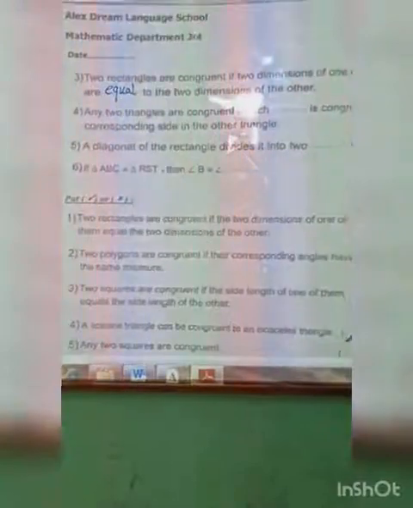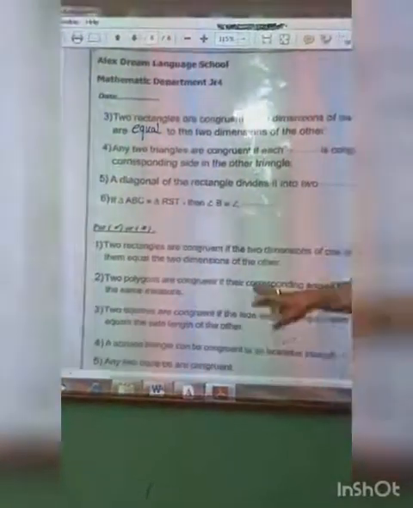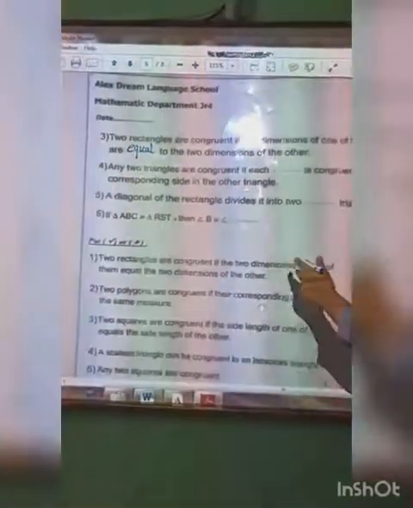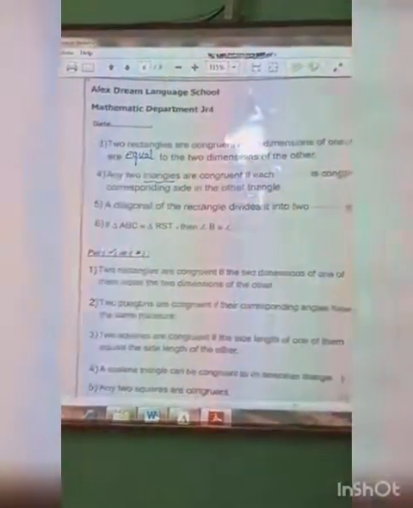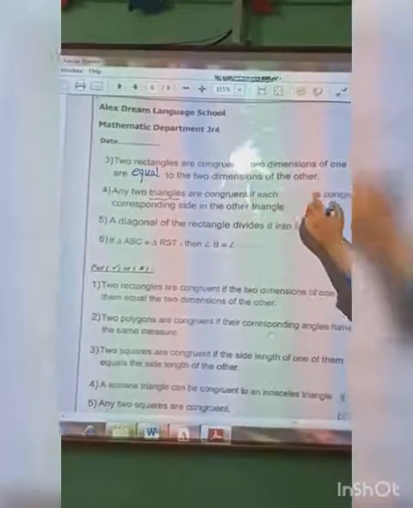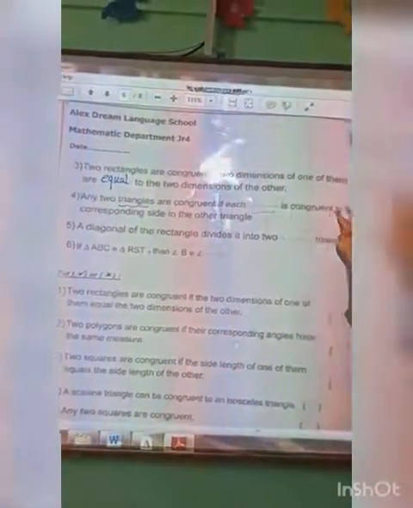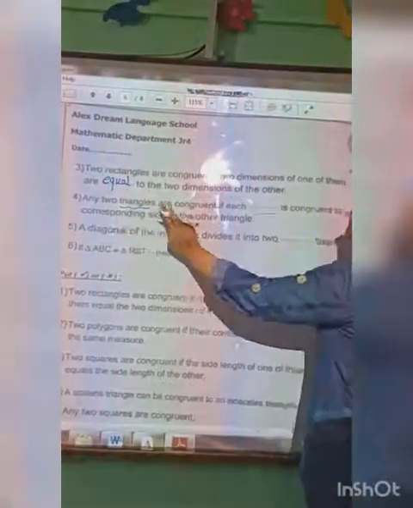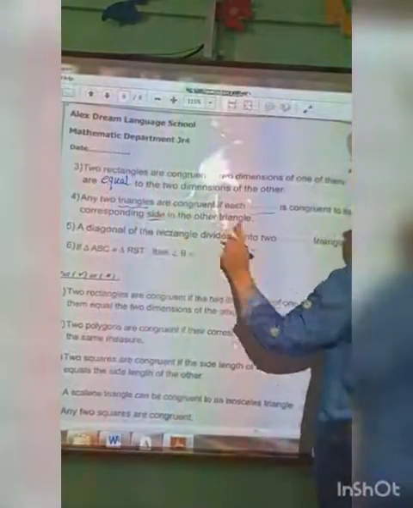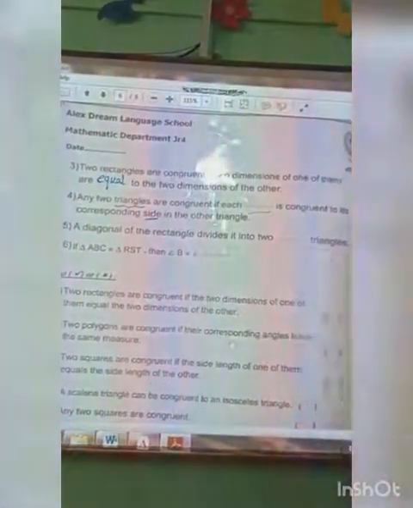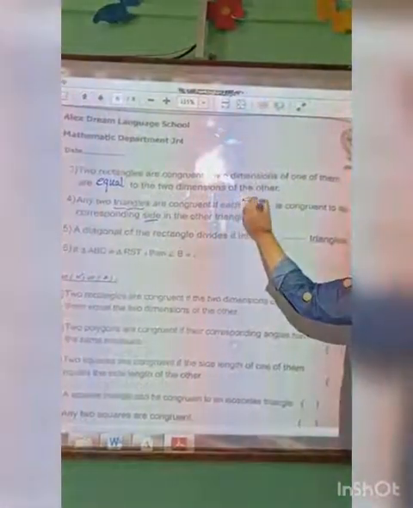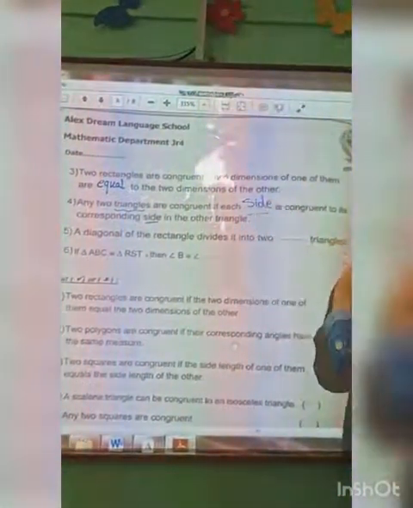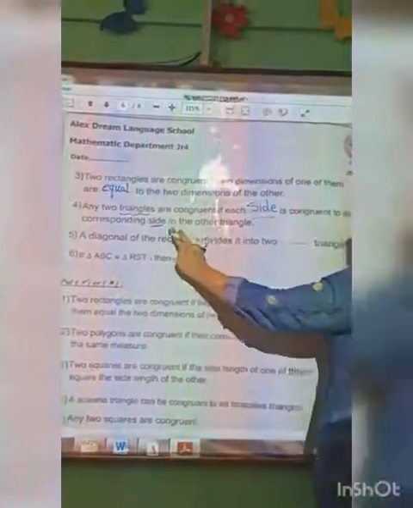Number 4, any two triangles, a special case, are congruent if each what is congruent to the corresponding side in the other triangle. So, any two triangles are congruent if each side is congruent to the corresponding side in the other triangle.